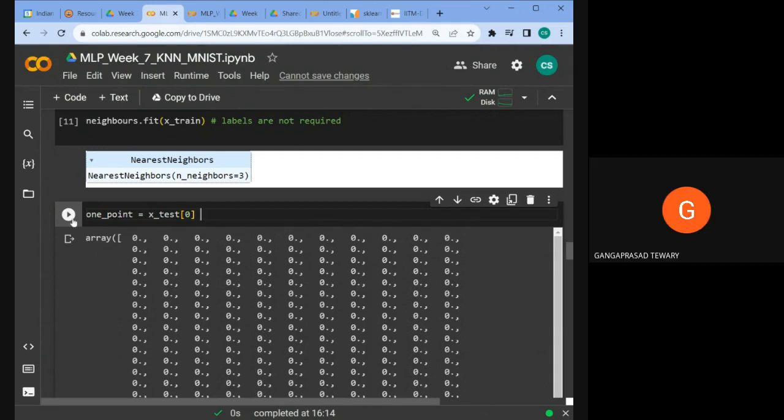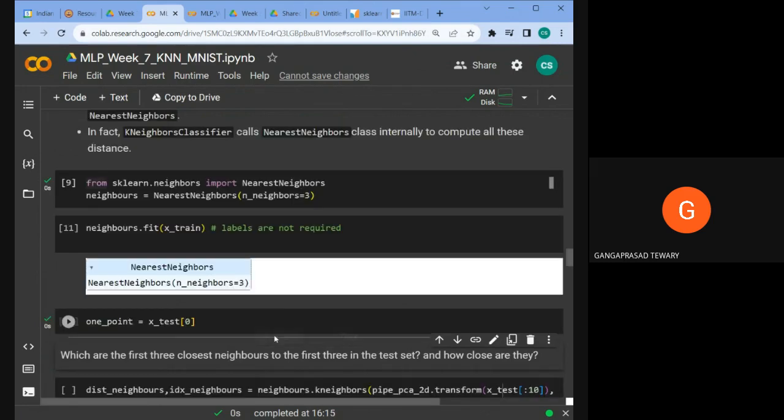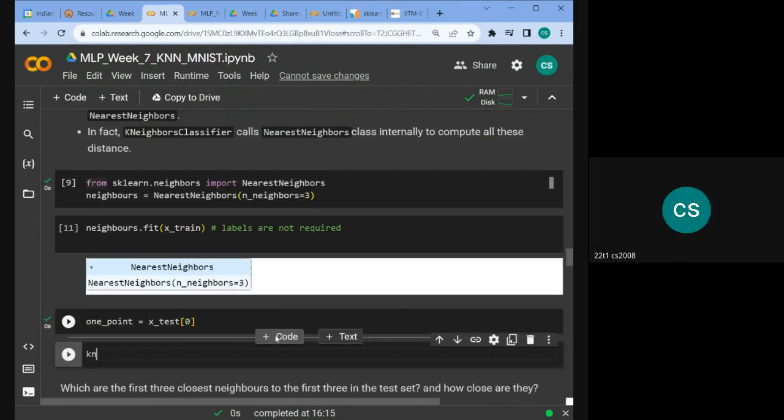So that concept is clear that KNN doesn't learn any model; it uses the entire data set, right? I'm just asking the difference between these two classes, K neighbor classifier and nearest neighbor. I know it may be a very trivial question, but I am not clear between these two.